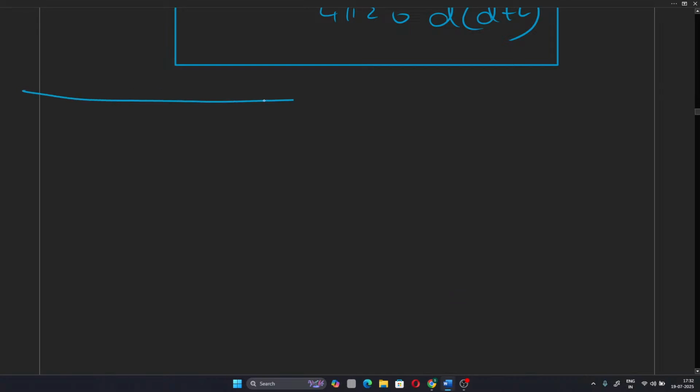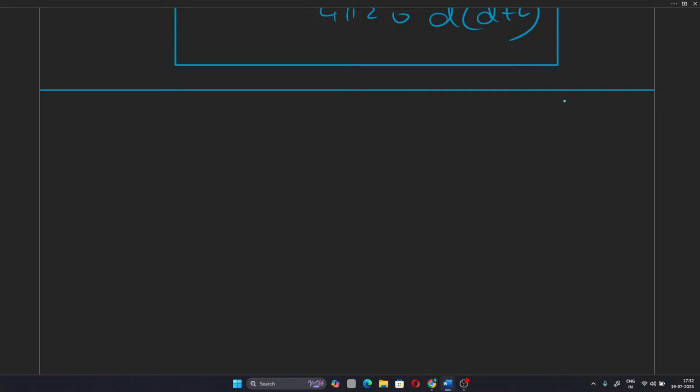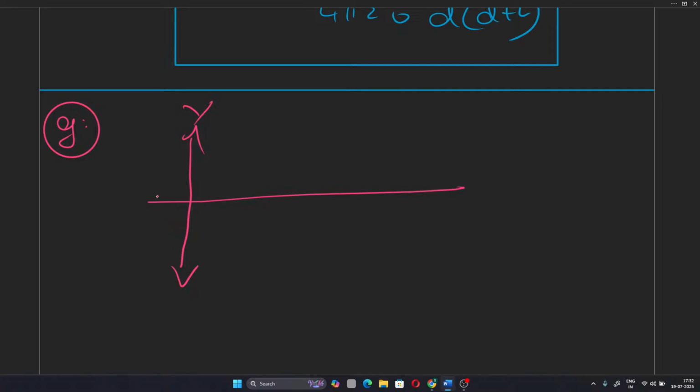Okay, then let's go to the next question. They showed a charges diagram here where this is the y-axis and this is the x-axis.